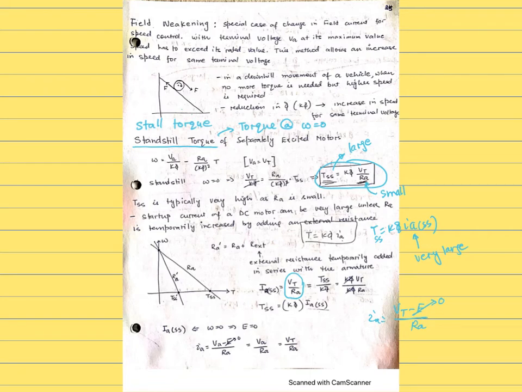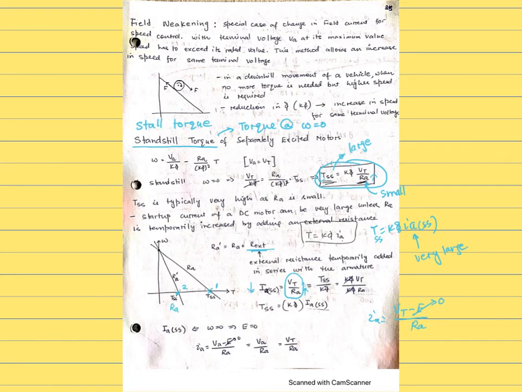So very high current. In order to limit this current temporarily, an external resistance is added in series here. You increase the total resistance, and it's going to lower the current. From 0.1 without any resistance to 0.2 with the resistance added.